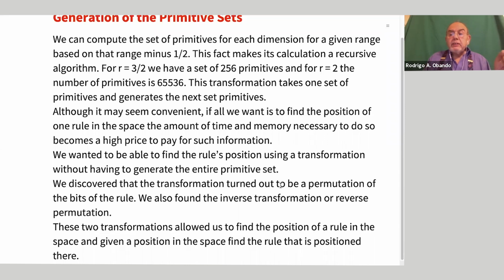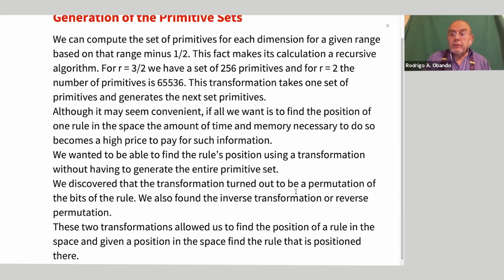So this transformation turned out to be a permutation of the bits of the rule, which was incredibly convenient. We also found, of course, the inverse transformation, or the reverse permutation. And these two transformations allowed us to find the position of a rule in the space. And then, given a position in the space, we can find the rule that is positioned right there.